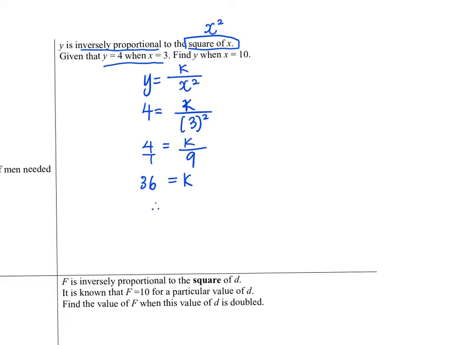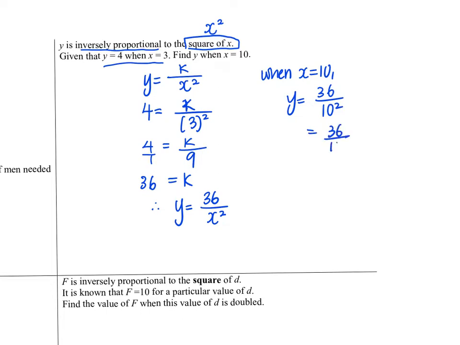Right, now I'm going to use my equation. y equals, the k is now changed to the number 36. But x can be any other x number. So find the value of y when x equals 10. So y will now be 36 over 10 squared, which is 36 over 100, 0.36. Have you gotten the answer?